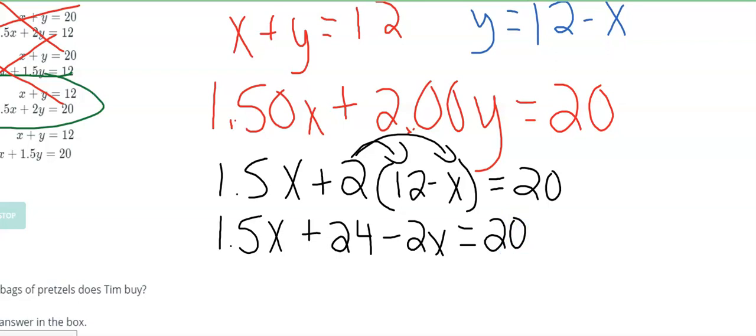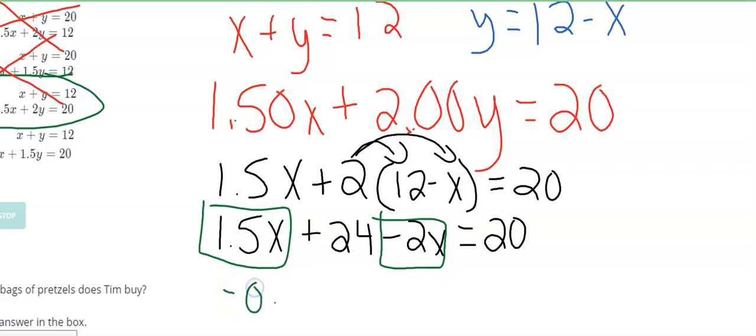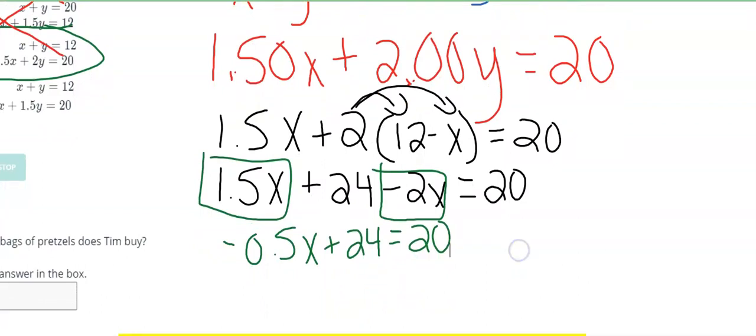Now I can combine my like terms, which is 1.5x and minus 2x, which would give us a negative 0.5x plus 24 is equal to 20. If I keep solving, I'm subtracting 24 from each side. So I have a negative 0.5x is equal to a negative 4.